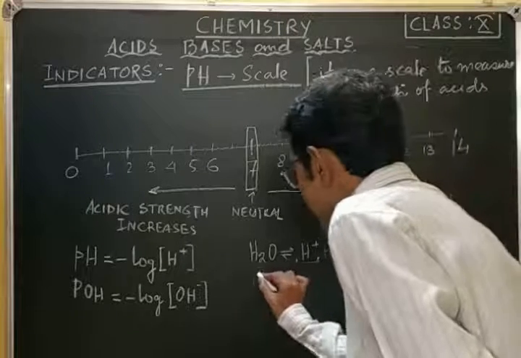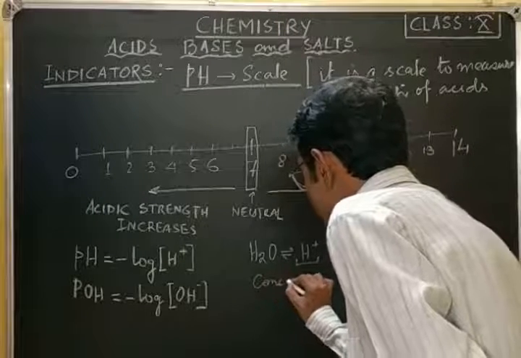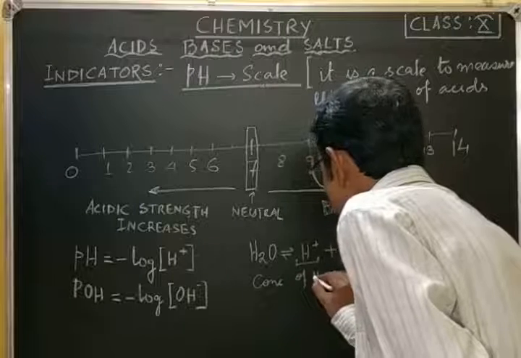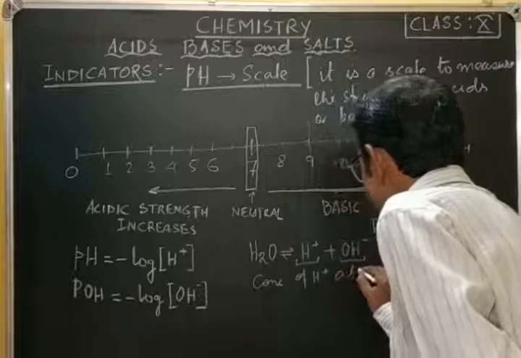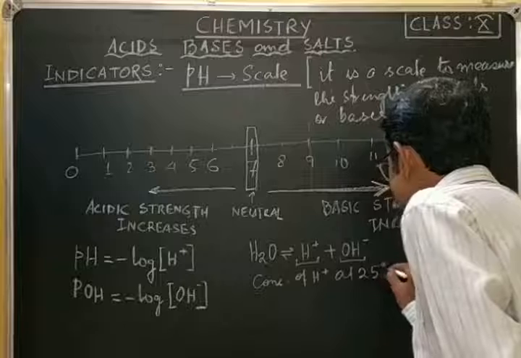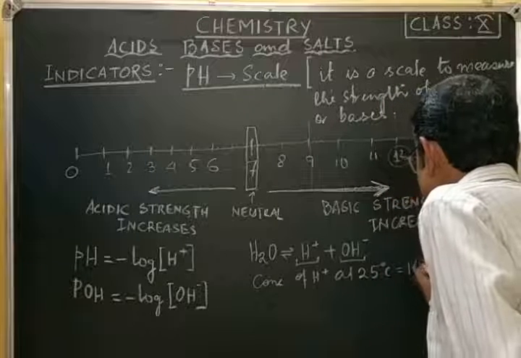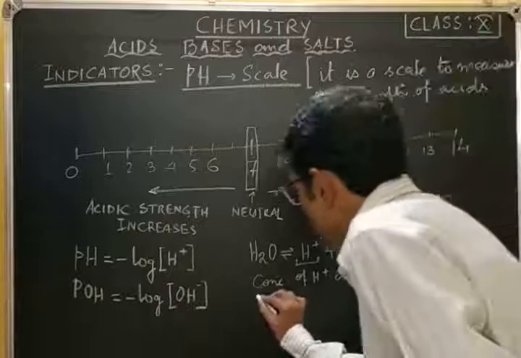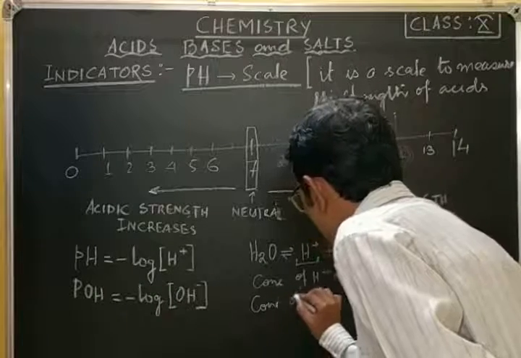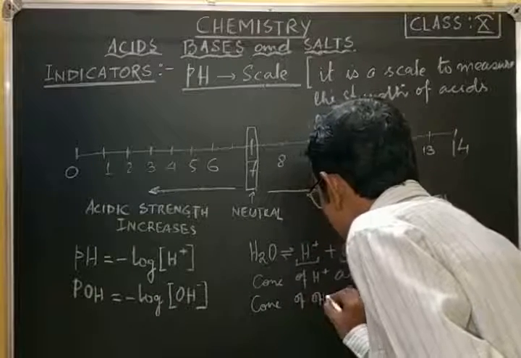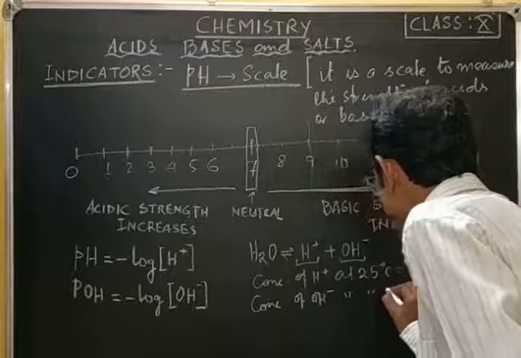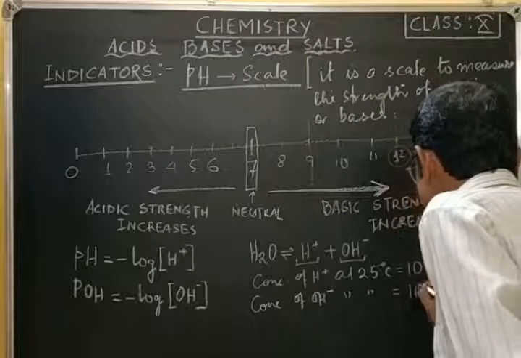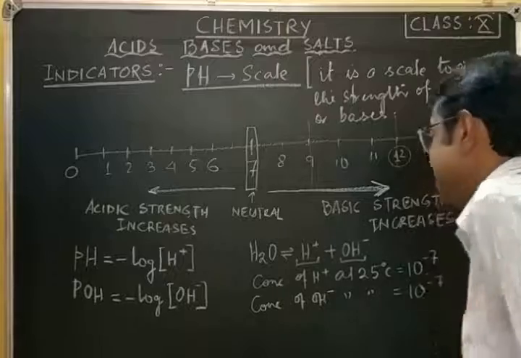So the concentration of H plus at 25 degrees Celsius is 10 to the power minus 7, and the concentration of OH minus at 25 degrees Celsius is again 10 to the power minus 7.